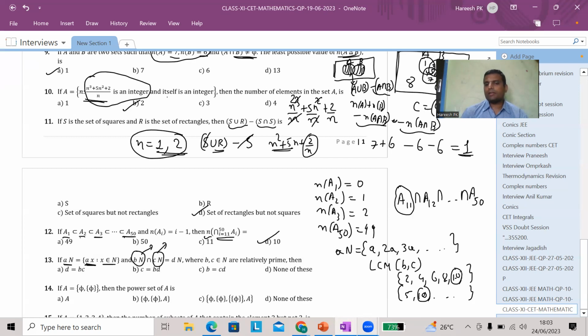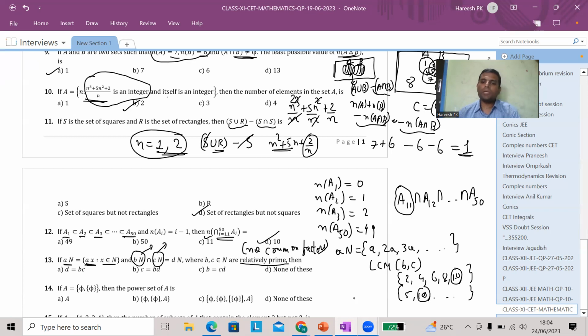And whenever B and C are relatively prime, which means they don't have any common factors, like the example I took, 2 and 5, the LCM is nothing but the product of the two numbers.